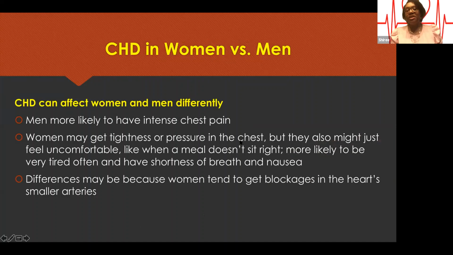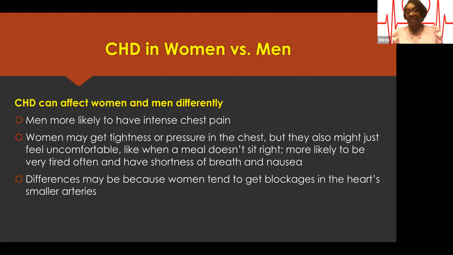How can it affect men and women differently? Women and men present with not just chest pains, but different signs of a heart attack. Signs and symptoms of a heart attack are different in men and women. And unfortunately, a lot of women go misdiagnosed when it comes to catching and identifying a heart attack early in the process.